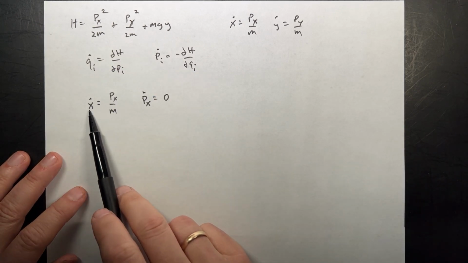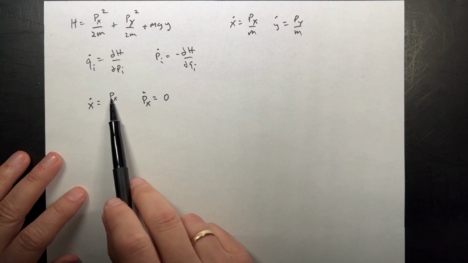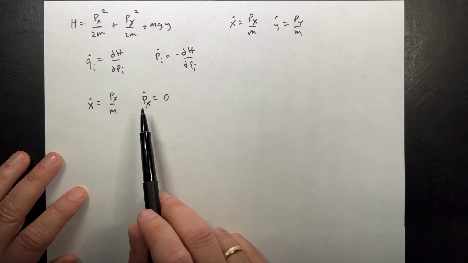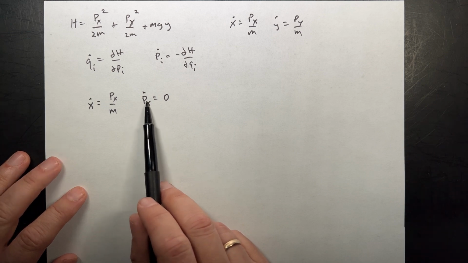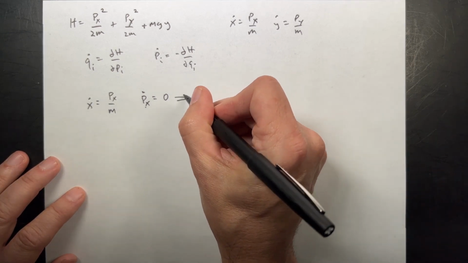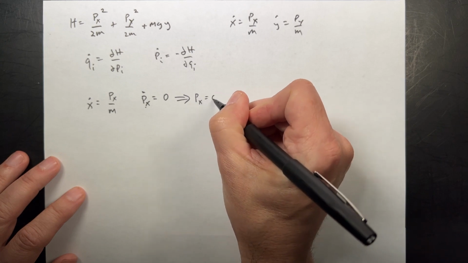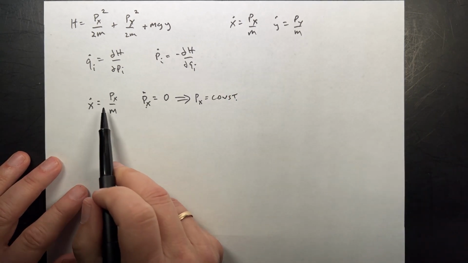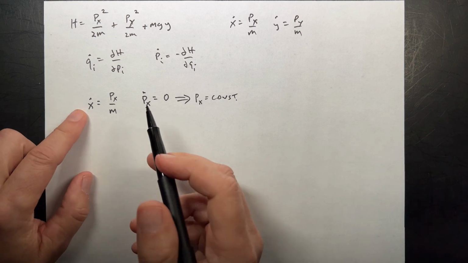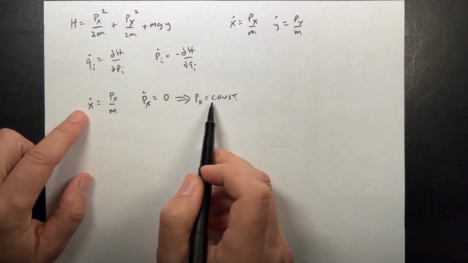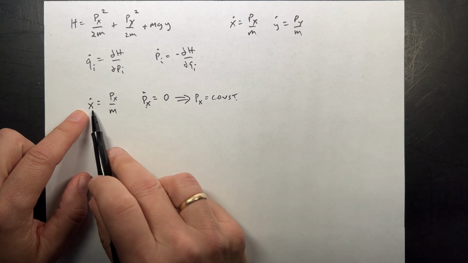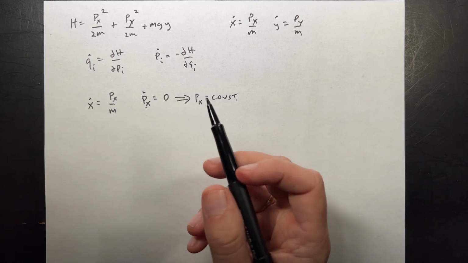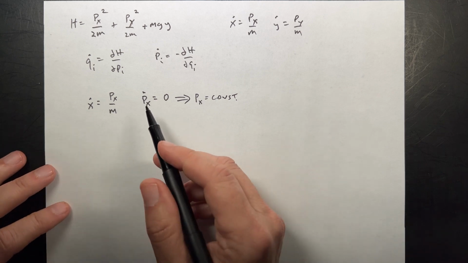This says that x changes with p, and this says that p_x is constant, which we already knew, because if p_x dot is 0, then p_x equals a constant. I could actually solve both of these differential equations: p_x is a constant, and I can use that over here and solve for x by integrating both sides. I'm not going to do that right now because we know the equations of motion for projectile motion.